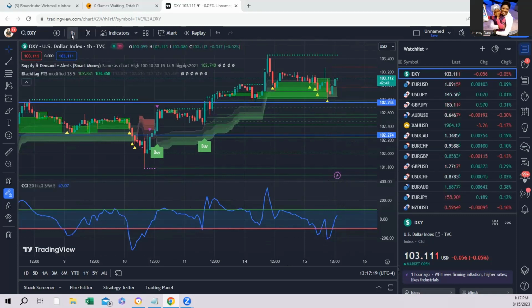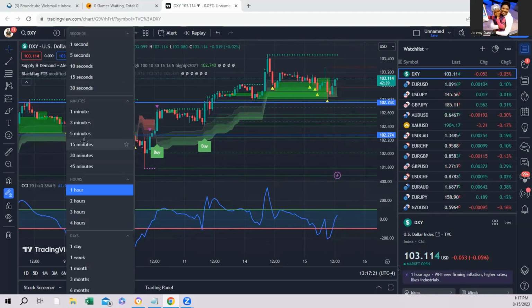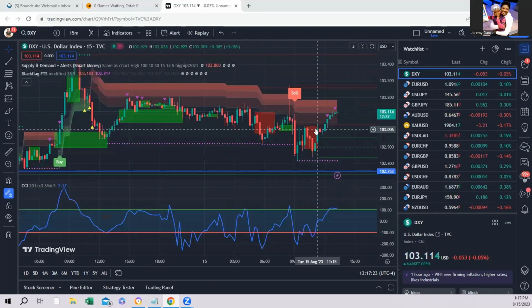But then if you look on a shorter time frame, you see the overall trend is bullish, but this right here would tell you pullbacks, and it would tell you when you might want to exit a trade and take profit. So this is a cool setup.